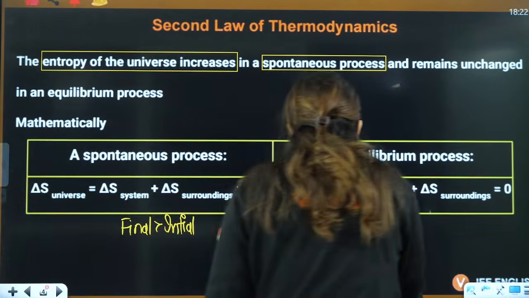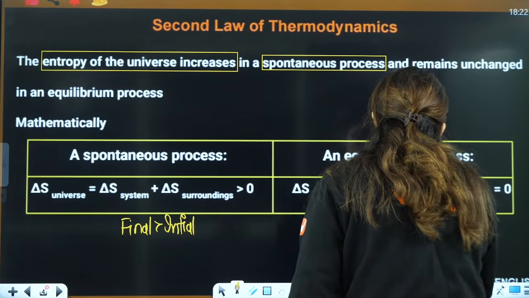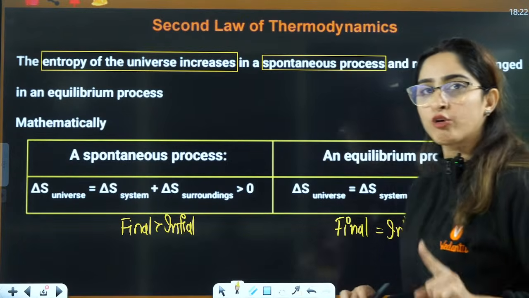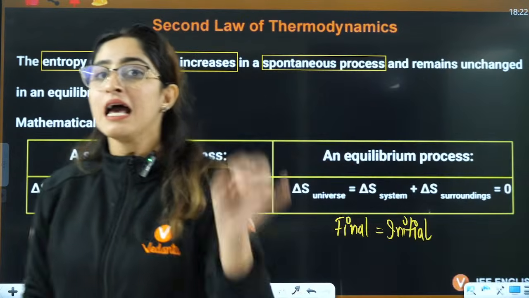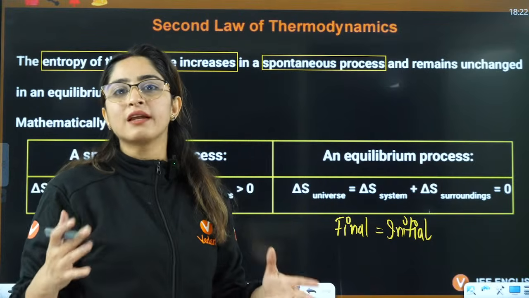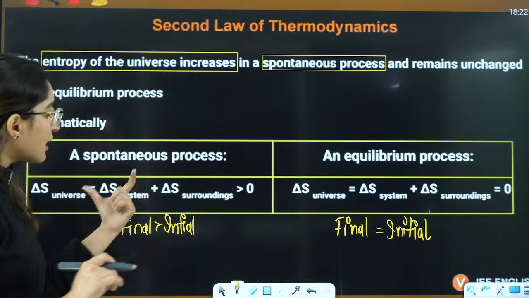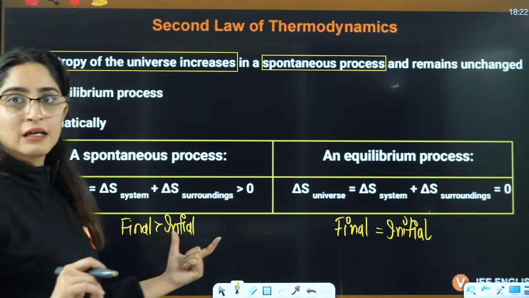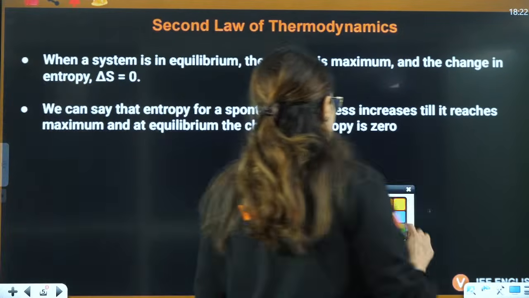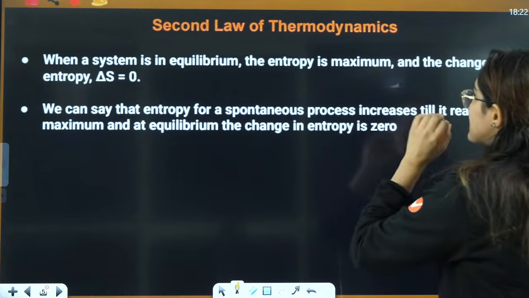Here, final is equal to initial. Nowhere am I saying that entropy is zero at equilibrium. I am saying that at an equilibrium process, the change in entropy is zero. The change is zero, and here the change is positive. Understood?